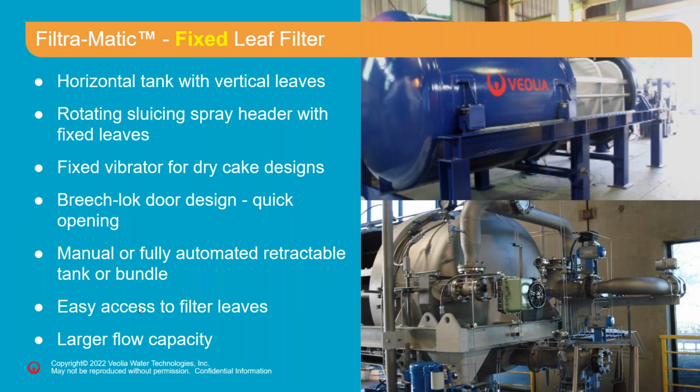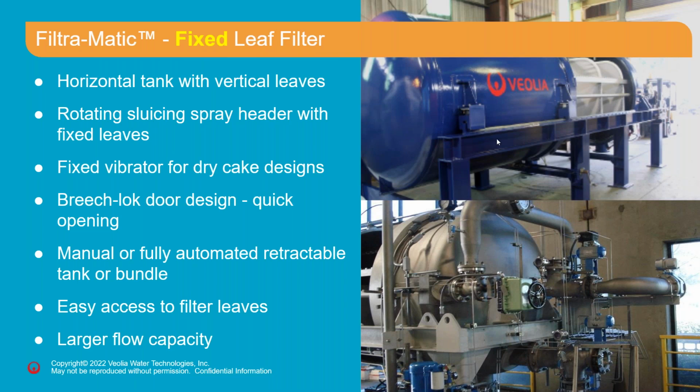Now let's take a look at the second type of Precoat filter, which is the Filtra-Matic. This is where the leaves are not rotating, they're fixed leaves. Again, this is a horizontal tank with vertical leaves. The sluice spray header in this rotates to clean the filters.